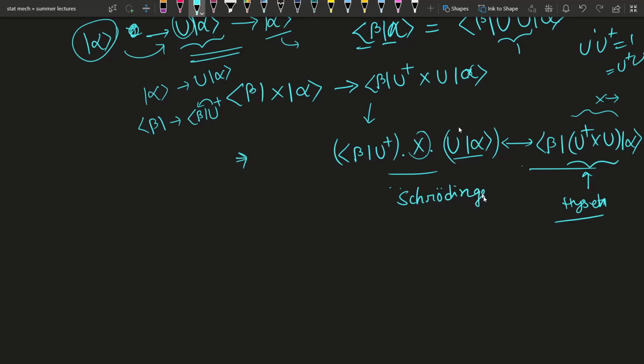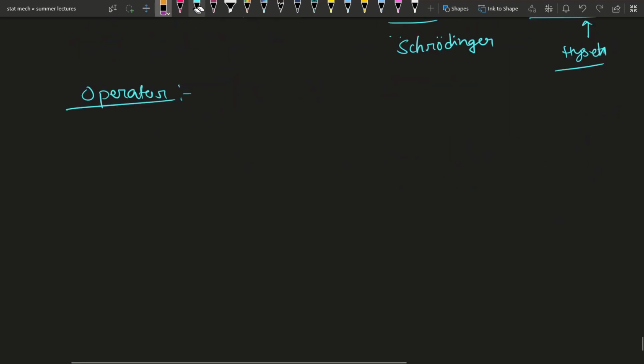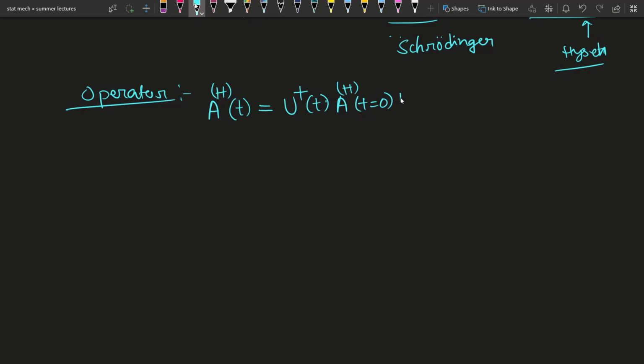and Heisenberg picture. If we have an operator A, then in the Heisenberg picture I am denoting it with this H. In the Heisenberg picture, after some time, this will become just U dagger(t) A and then U. More specifically, this A is A_H at t equals 0, and then U(t).